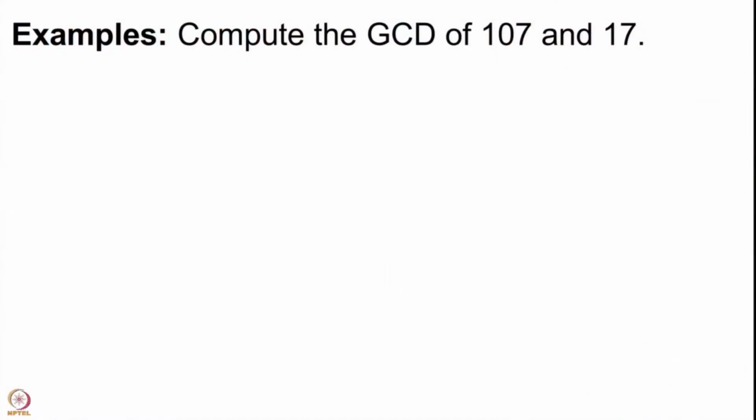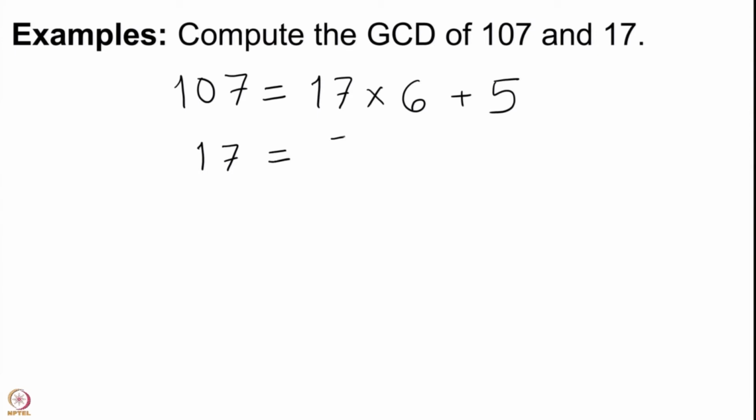What is the GCD of 107 and 17? So, we are going to apply the division algorithm once again. We write 107, if you remember your multiplication tables, 17 into 6 is 102 and the remainder is 5. Now, we have to work with 17 and 5. So, we write 17 as 5 into 3 plus 2.